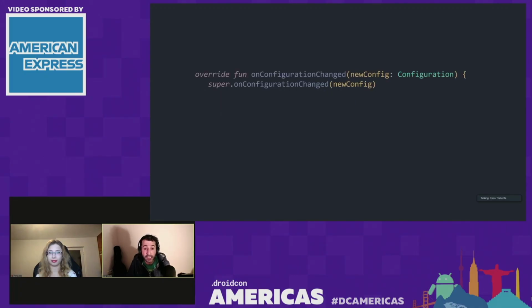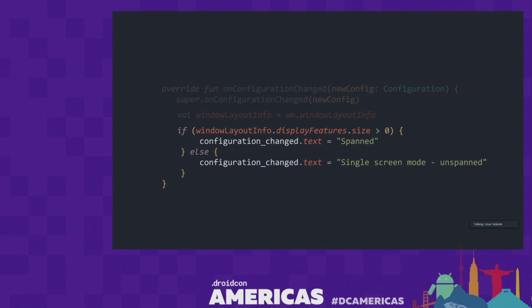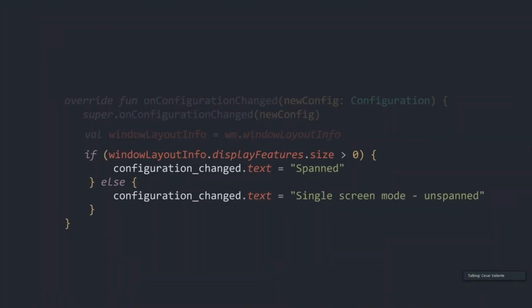Another way to use Window Manager directly, for instance, is using onConfigurationChanged, which is going to be invoked every time the configuration of our device changes. Then here, we can get access to the window layout info through the Window Manager. And this is very interesting. As Bianca has explained before, when we expand the app, our app takes advantage of both screens.